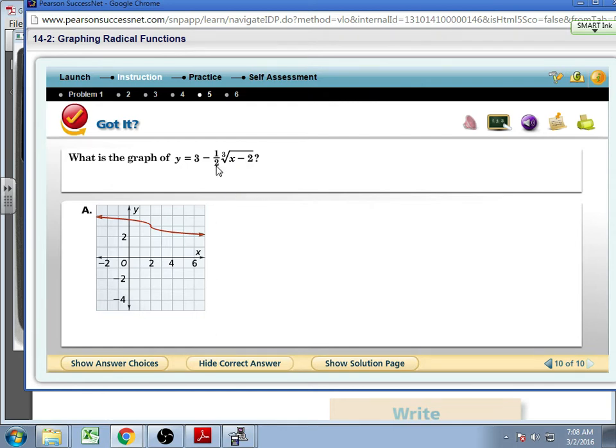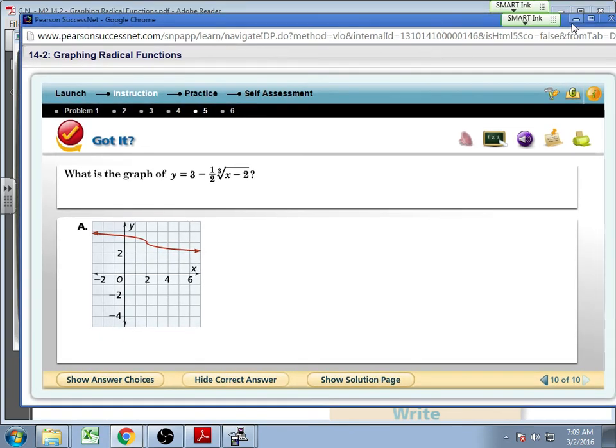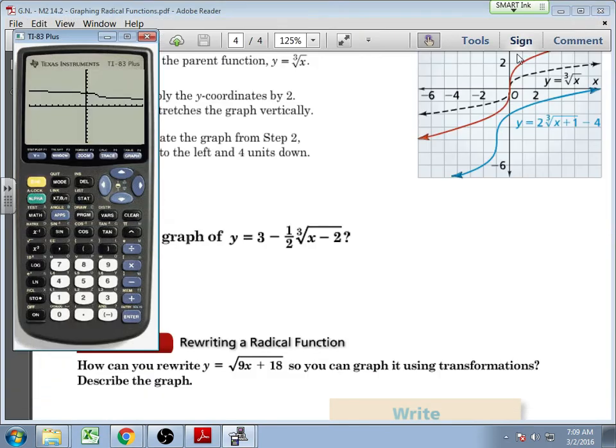And the 1/2 condensed it. And then the negative actually flipped my function over the x-axis. So now I would have been above the x-axis going to the left, and I would have been below the x-axis going to the right. But notice they're both above the x-axis now because of that vertical shift that we took. This is correct. It's just a little harder to see.